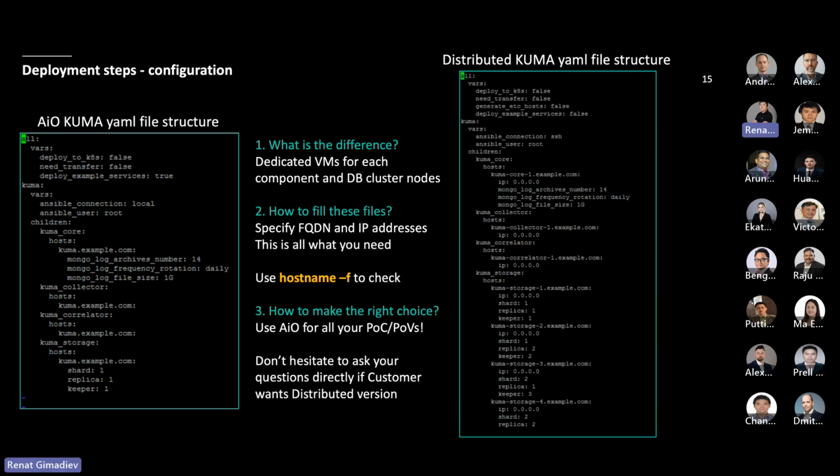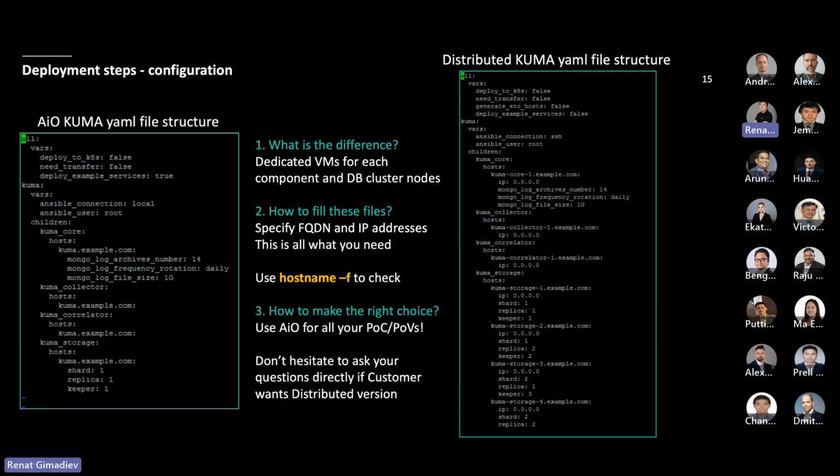And during all of your POCs, please use all-in-one infrastructure. But if your customer or partner asks you to deploy only the distributed version, it's also possible, but it will be a bit complicated, because more configuration must be done before the POC.